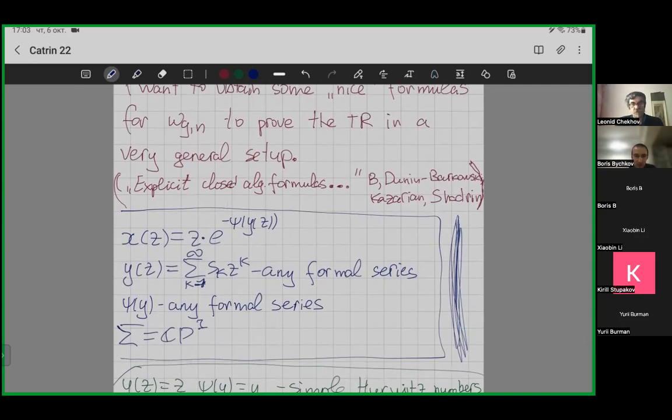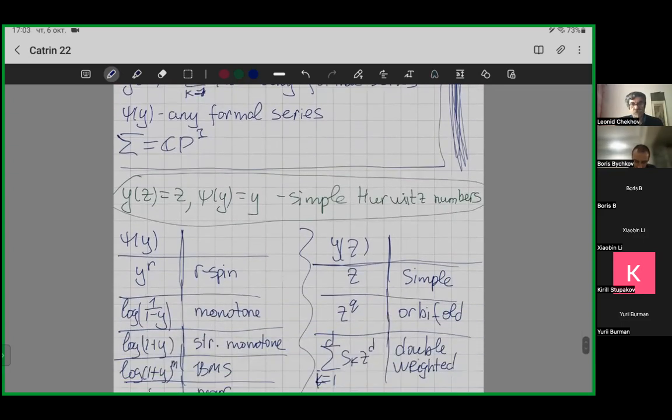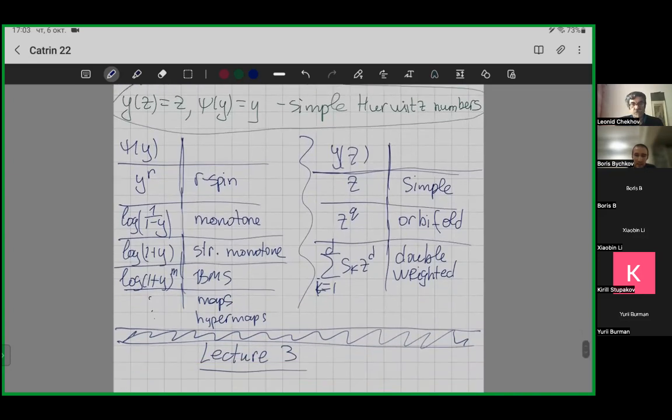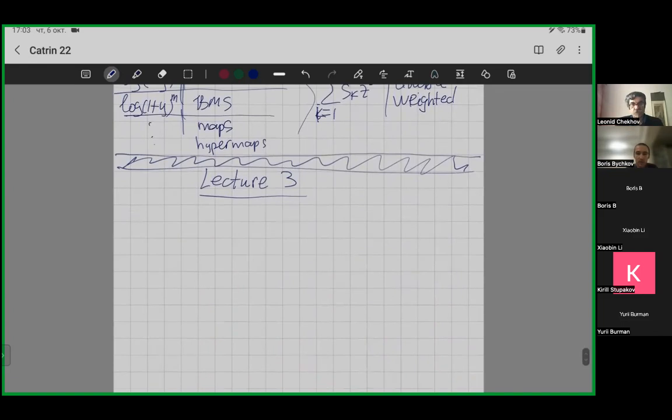So you see this new spectral curve, which we're discussing now, and these examples of some specializations. So maybe now let me start with the setup to obtain this spectral curve. So what is the setup?